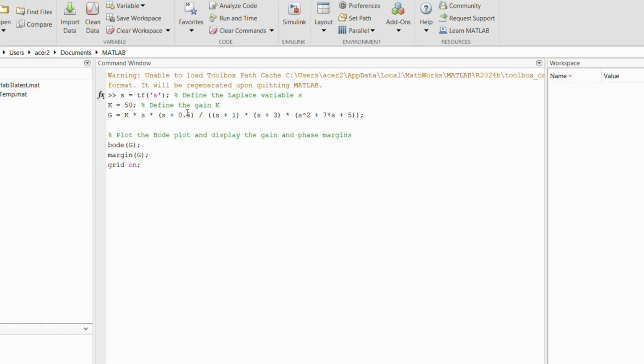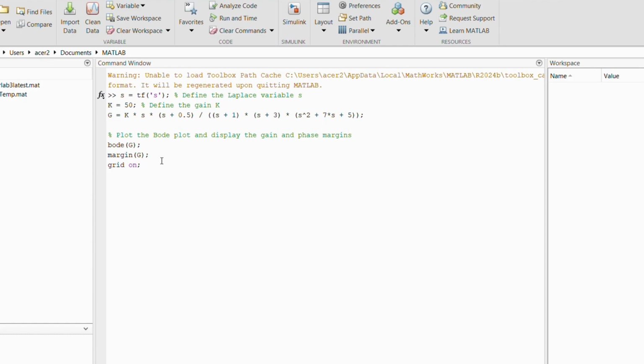We key in the code: s equal to tf('s') to define the Laplace variable s, and k is equal to 50, which is the gain, and we key in the transfer function g equal to k times (s plus 0.5) over (s plus 1) times (s plus 3) times (s squared plus 7s plus 5).